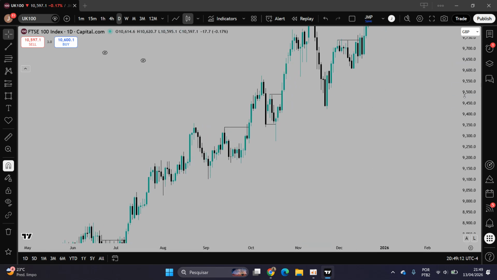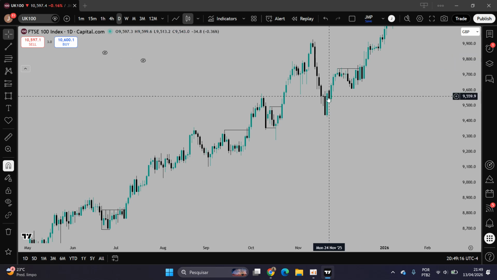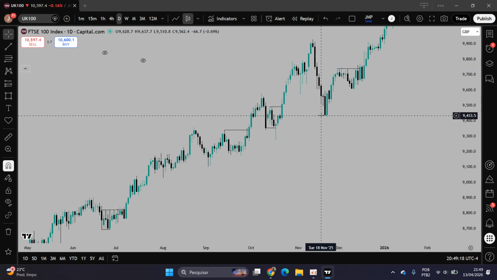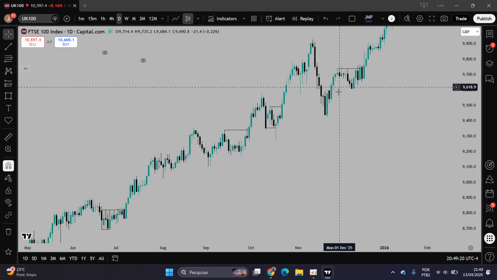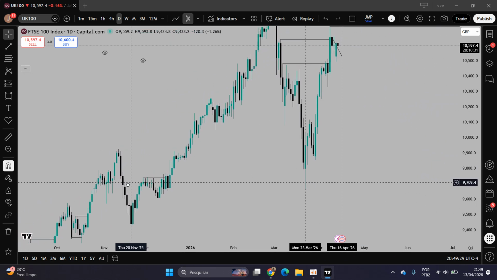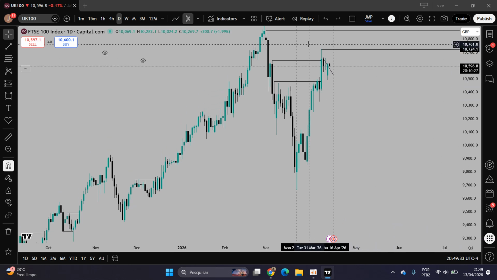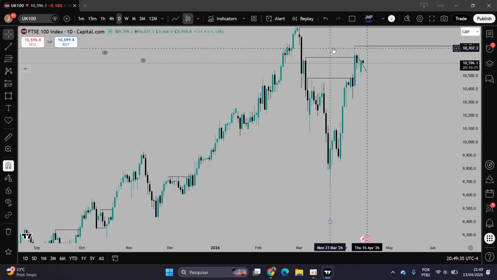Taking those into consideration, this was the best of them because price really pushed higher with some displacement, right? But right here, man, this is bullish, bro. This is bullish. You can see how big those candles are right here.